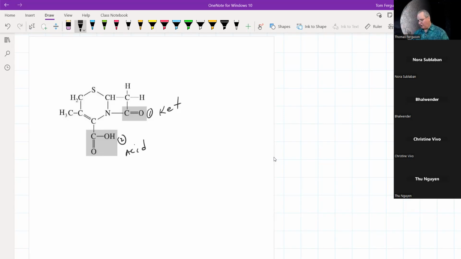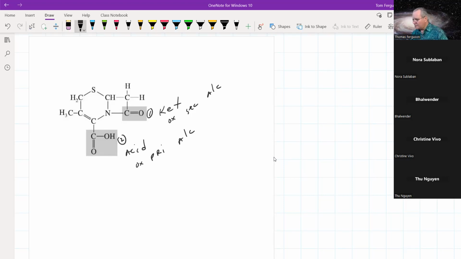So remembering your chart, how do you get ketones? Well, you have to oxidize a secondary alcohol. You get an acid if you oxidize a primary alcohol.